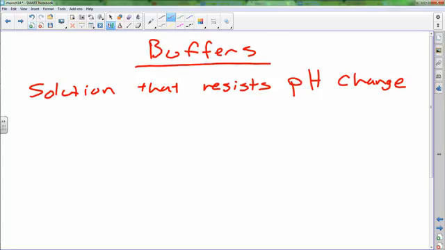And the way you make a buffer is you take a weak acid or base and you put it into solution with its salt.